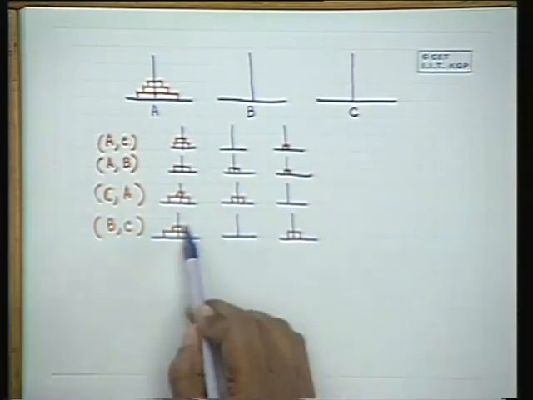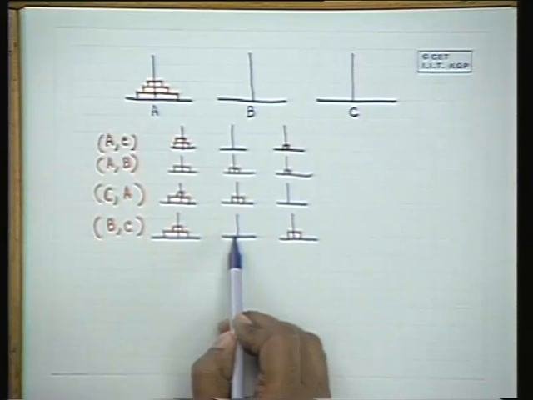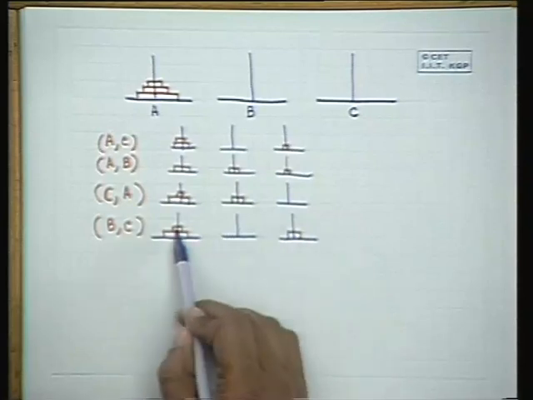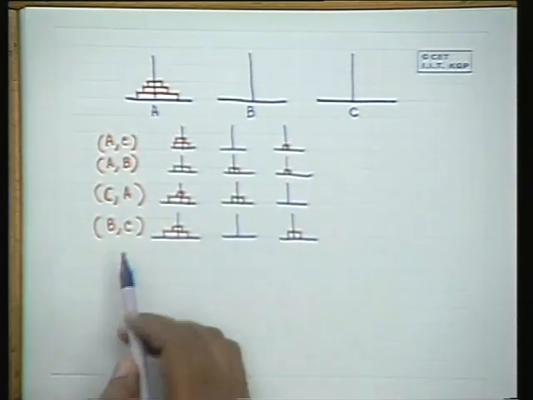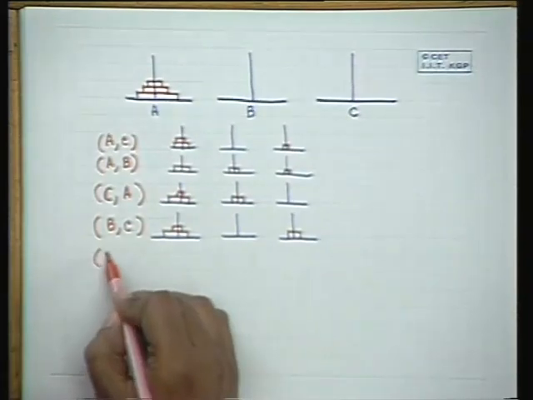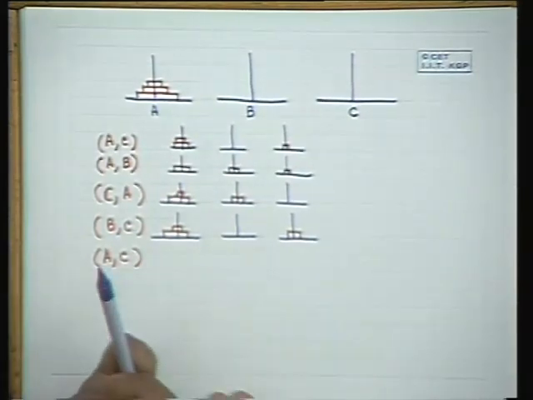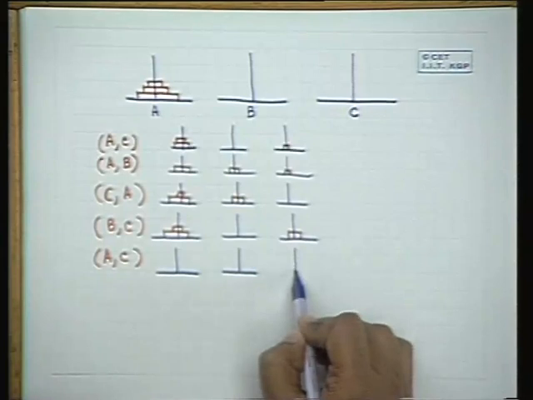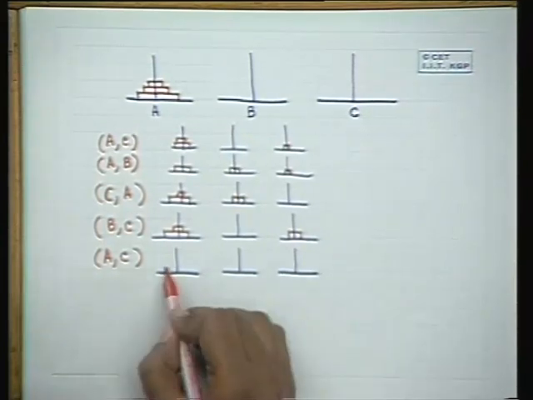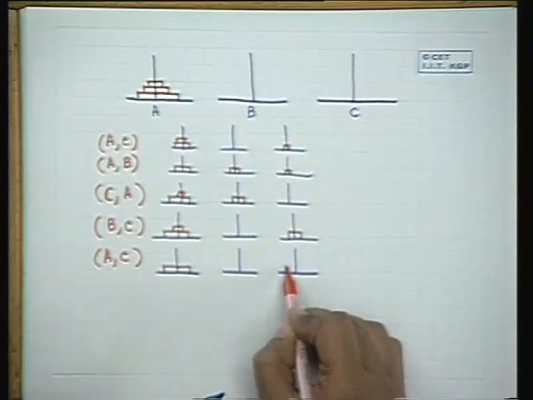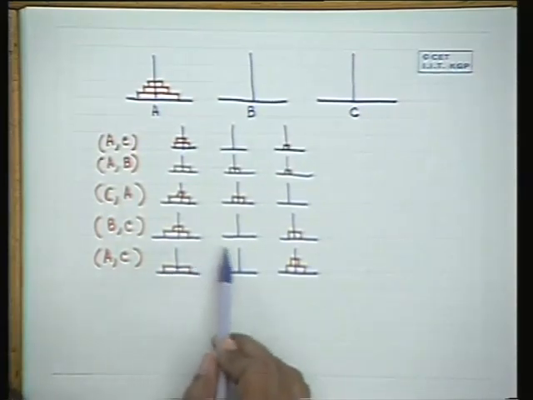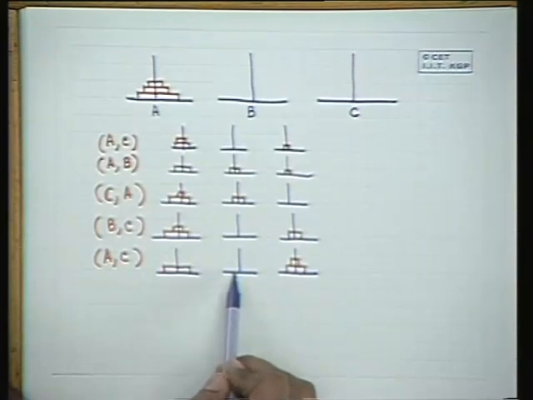The next alternative, I can move this one here, but then I will not be able to move much, because I will have to move this one back here. Because if I move the smallest one here, so the alternative that I have now at my disposal is A to C. So it seems we have reached somewhere, because now we can move C to its position.